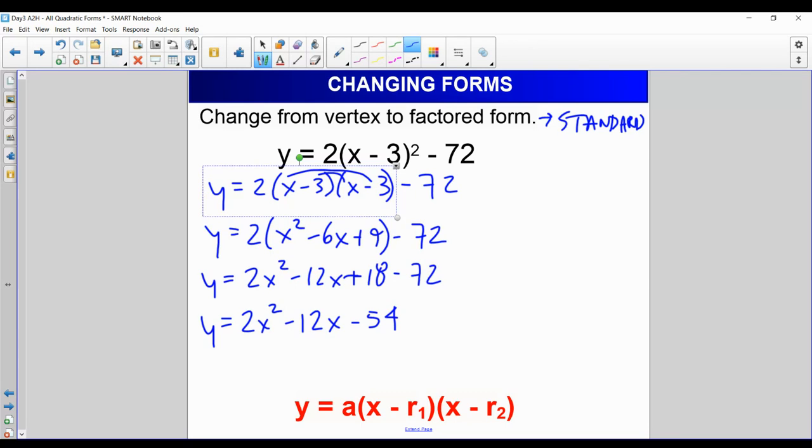Okay, so now if I want to go to factored form, I'm going to first take out the common 2 and change it to 2 times x squared minus 6x minus 27.